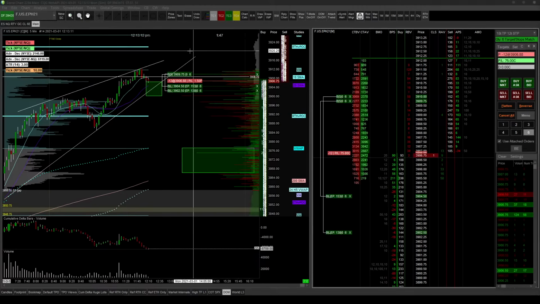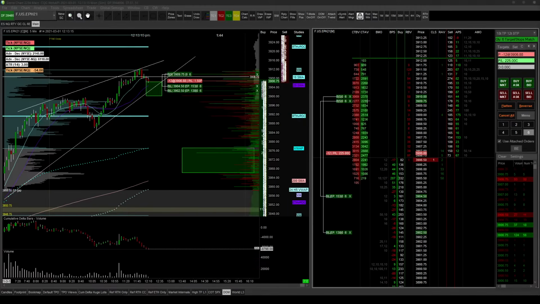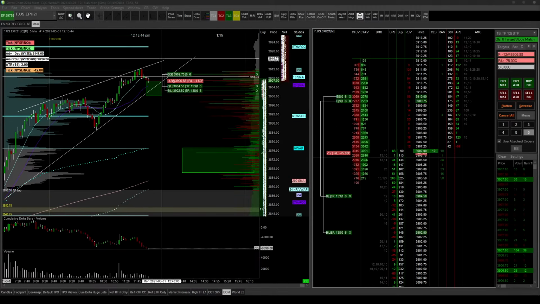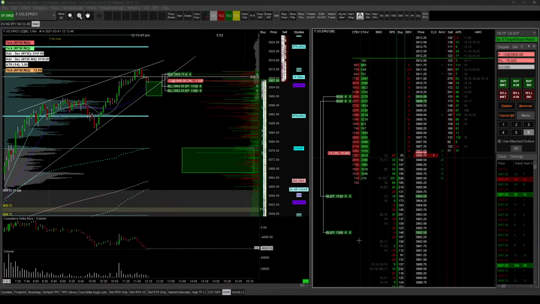Let's see. What do the deltas look like? Big negative delta at 39.10. Right, we could see it here, but you could see it on the depth of market here, the current traded bid volume and current traded ask volume. And this is accumulated since I turned Sierra Chart on, which has not been that long recently, so it resets.